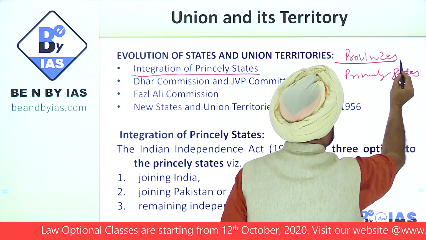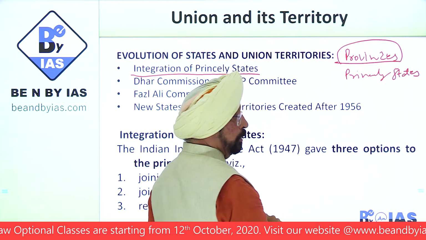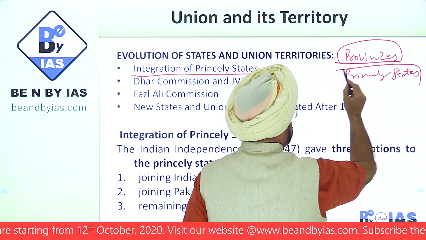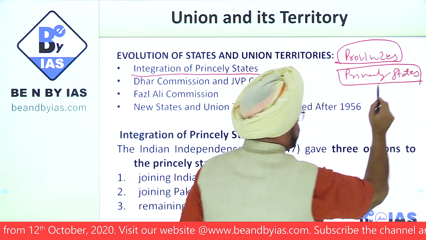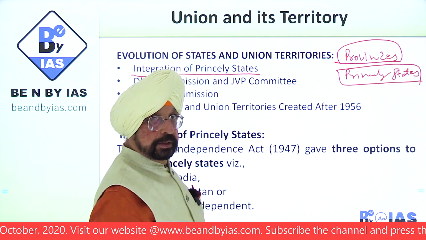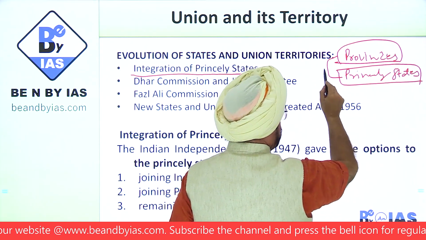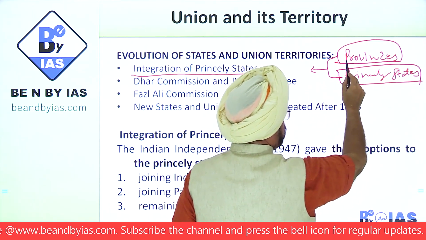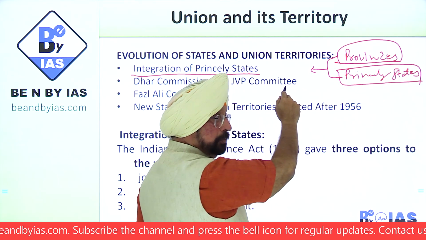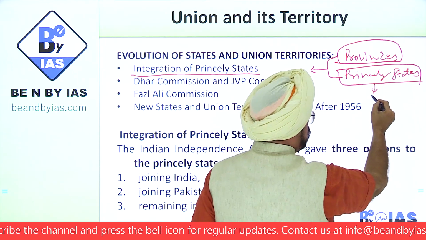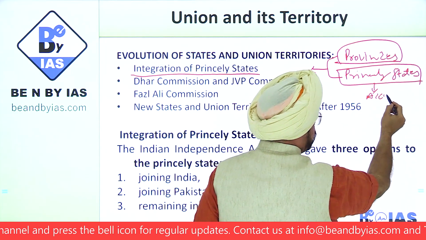Now, these provinces were directly controlled or administered by the British, and these were administered by their kings or the Maharajas. So, these two were merged. How? Provinces were directly merged into the union, princely states by way of an instrument of accession.